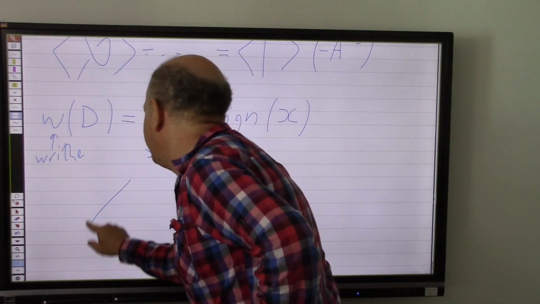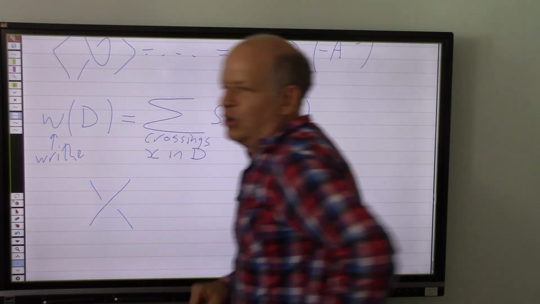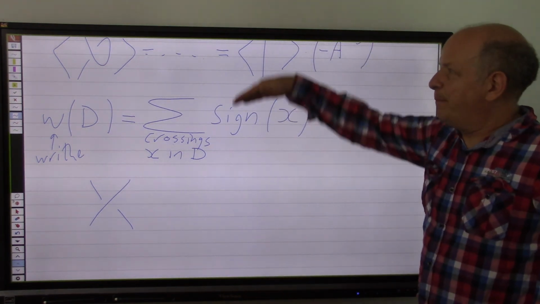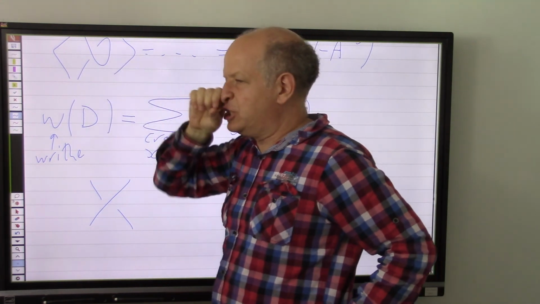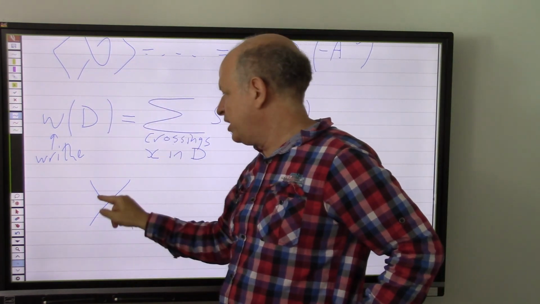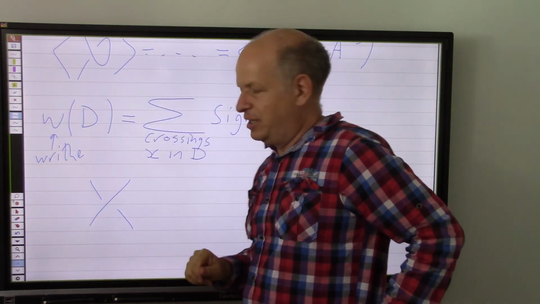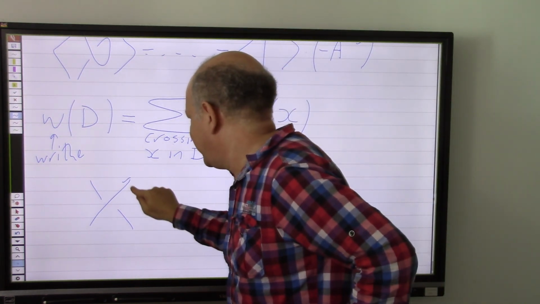So if you have a crossing, well, so far, up until now, I wasn't careful about the orientation, or I didn't care about the orientation of the lines. And now I have to start caring.